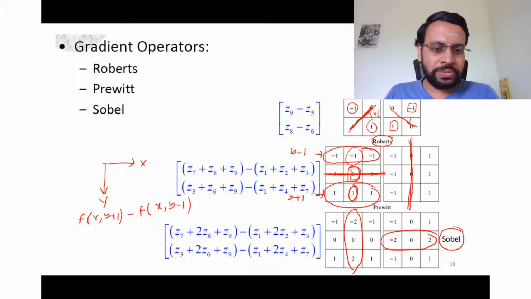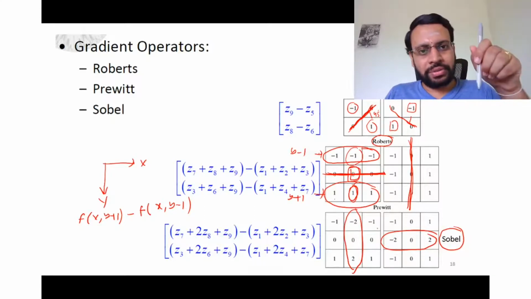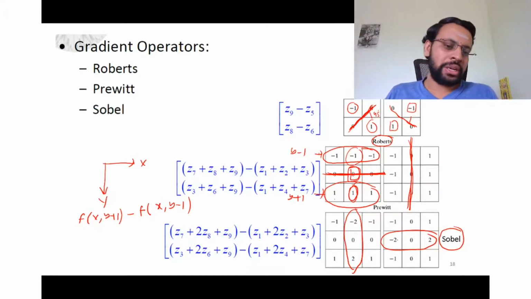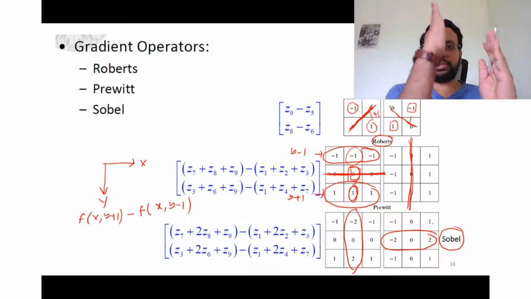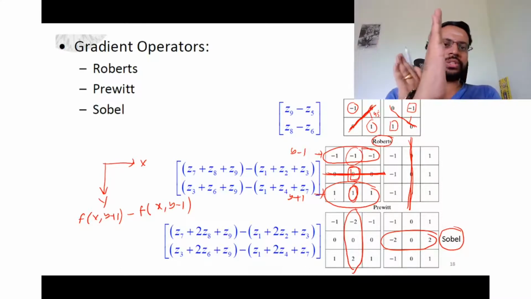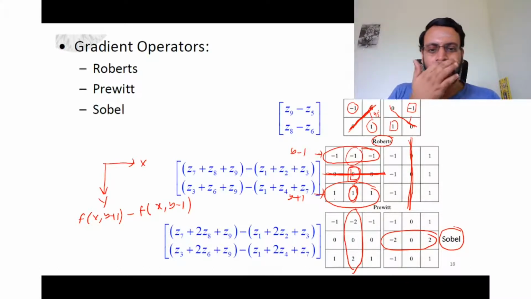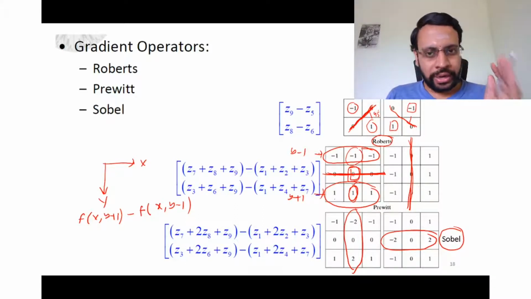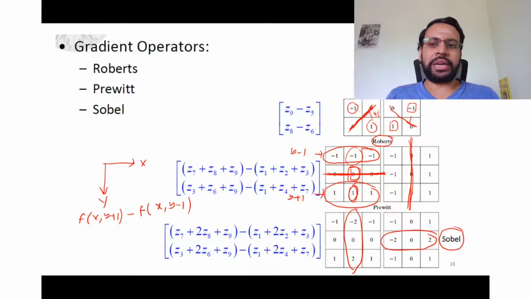So this is -1 -2 -1 1 2 1 for horizontal edge, or in other words vertical gradient, and here -1 -2 -1 1 2 1 here. So a vertical edge is here, so from here to here the differences should be there, so that's why you are doing it. Just take a closer look into it. This is very intuitive and it should be very clear to you as well.